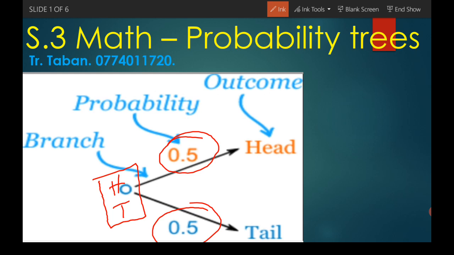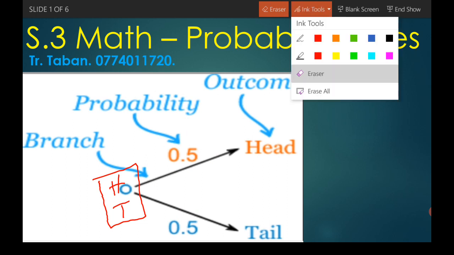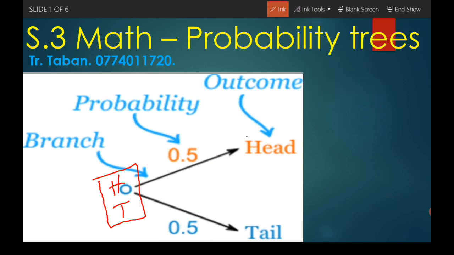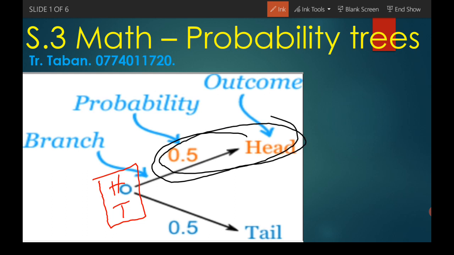To represent that on a probability tree, we simply use arrows. This is one arrow showing one possible outcome, and this is the other arrow showing the other outcome.